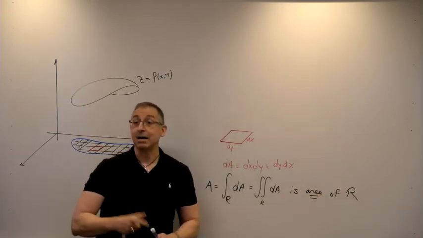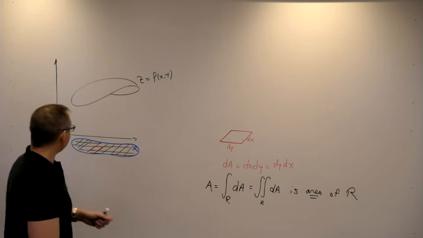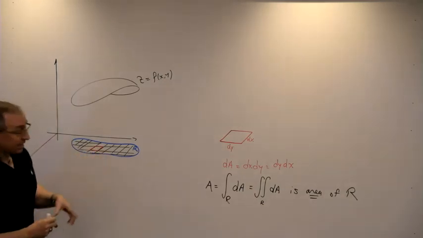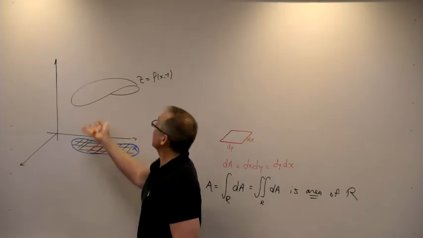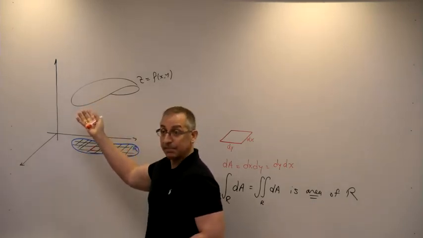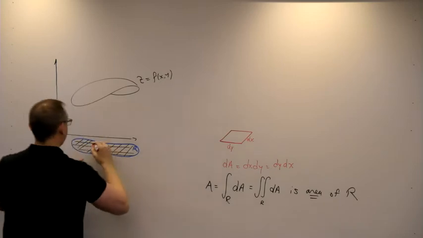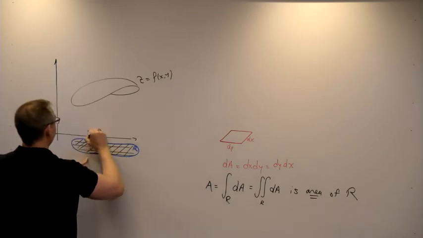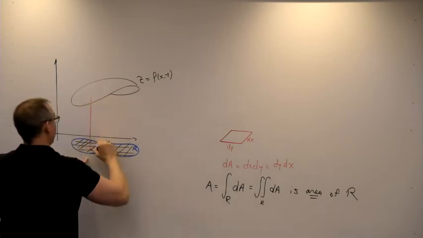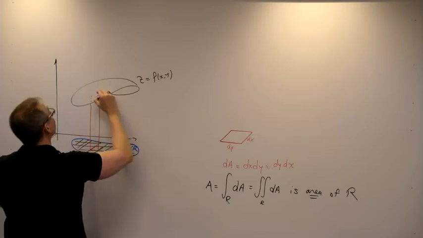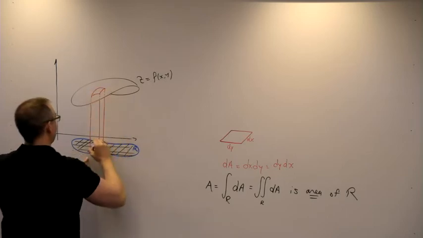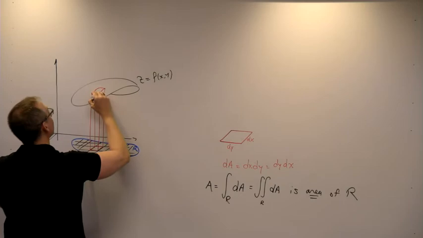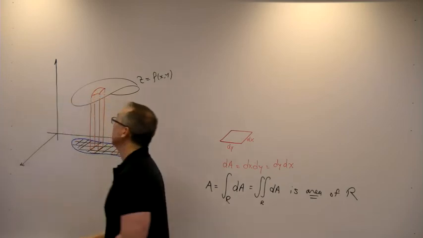Okay? All right, now, to continue with our discussion now, what I'm going to do is, I'm going to take the 4 lines on this rectangle, and I'm going to project them up onto the surface. Okay? That's going to look like this. Okay?